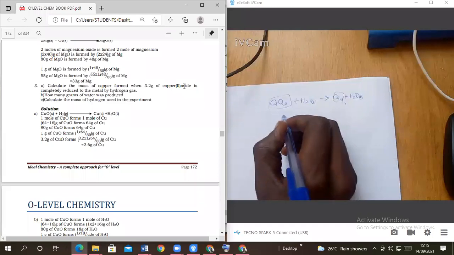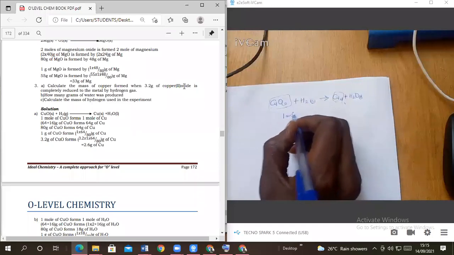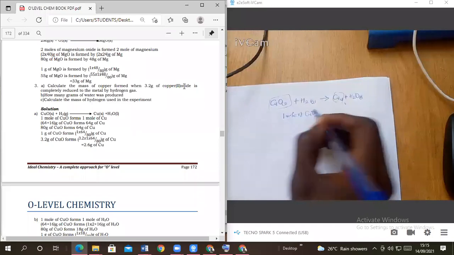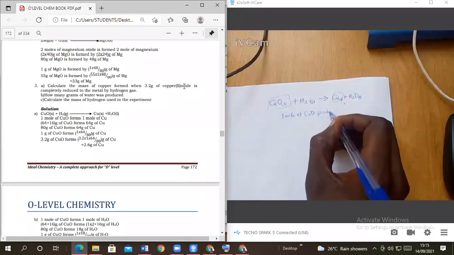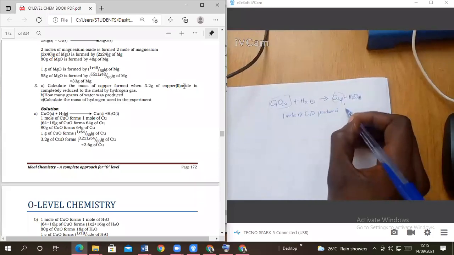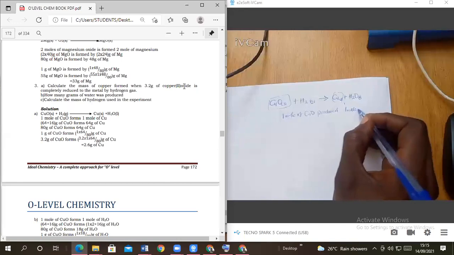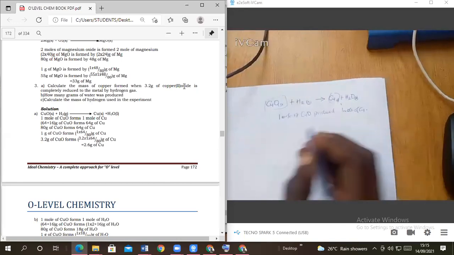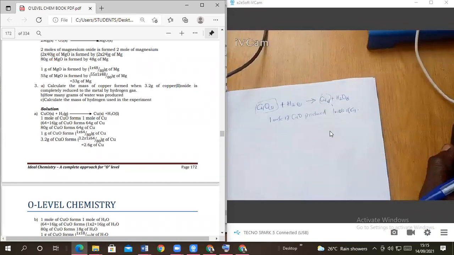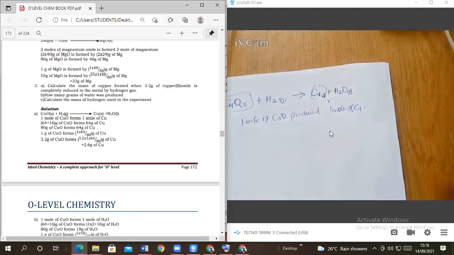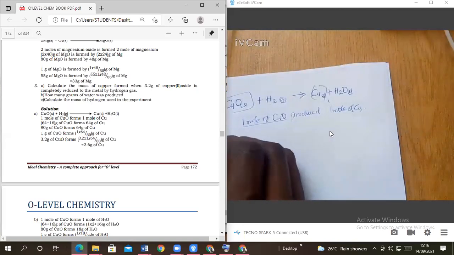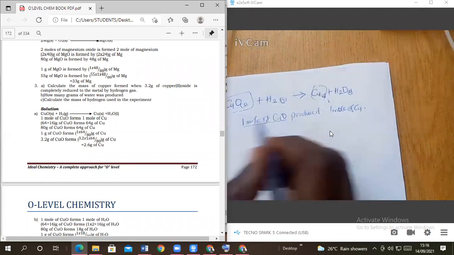So here you say 1 mole of copper oxide produced 1 mole of copper. So when I say 1 mole of copper oxide, if copper is 64, oxygen is 16, 1 mole of copper oxide is equal to what?